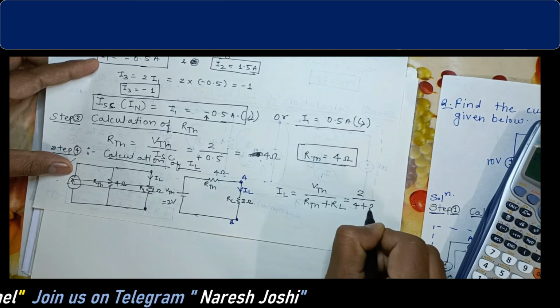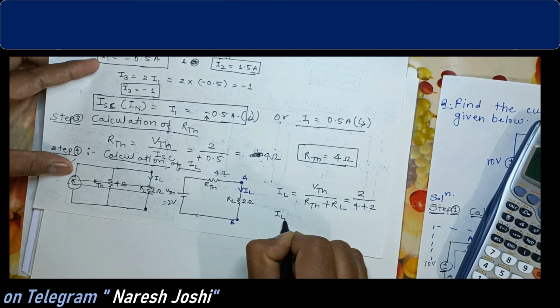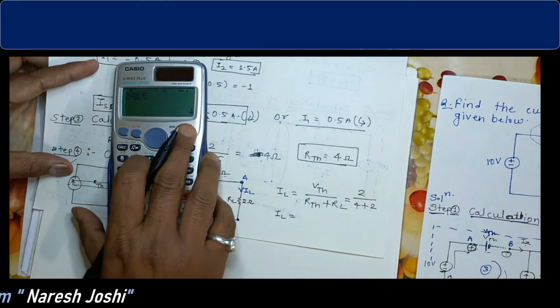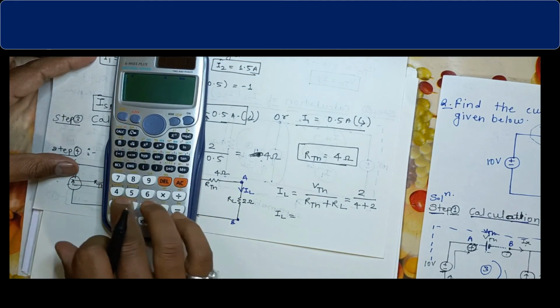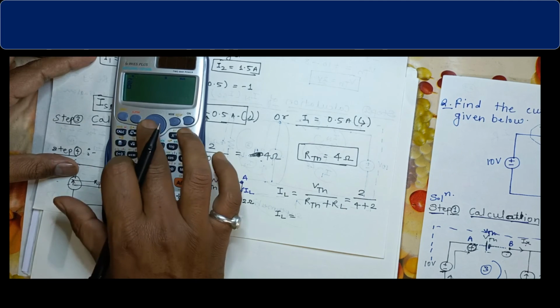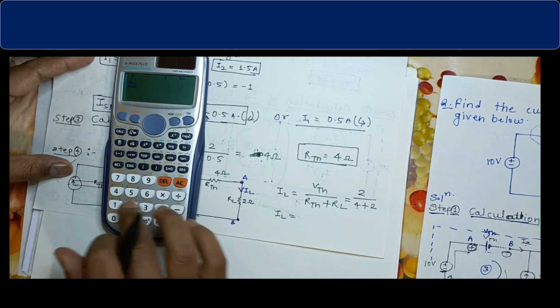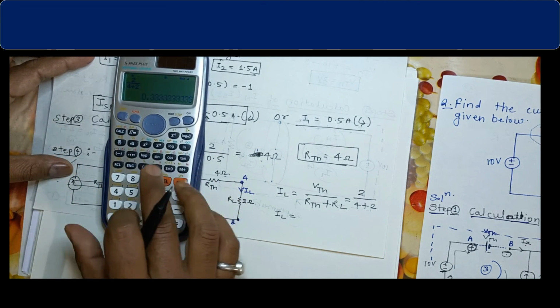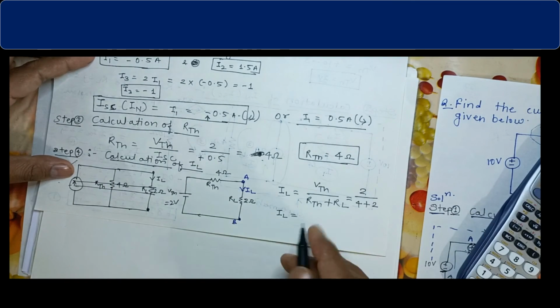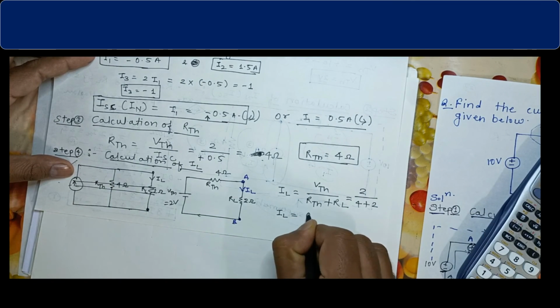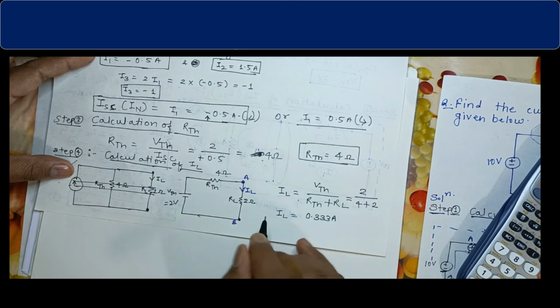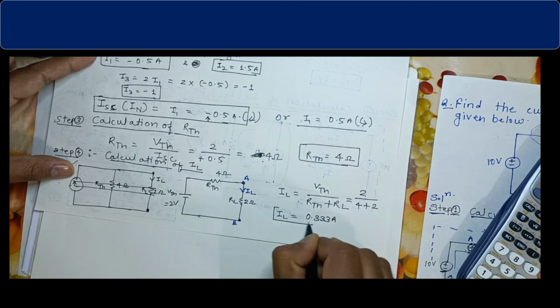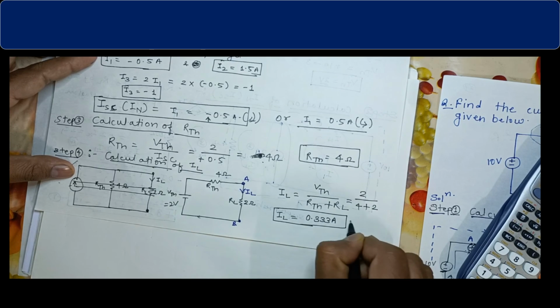So IL is 2 upon 4 plus 2, so 0.33. This is the value, 0.33 ampere, and the direction will be this.